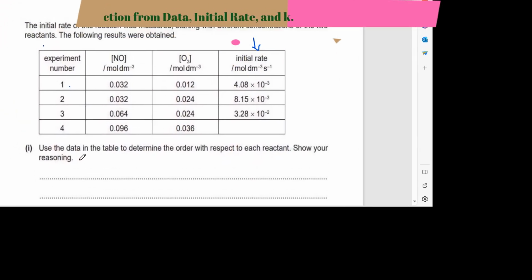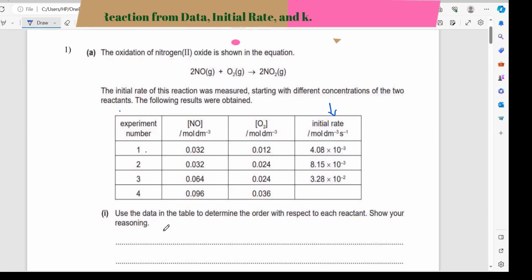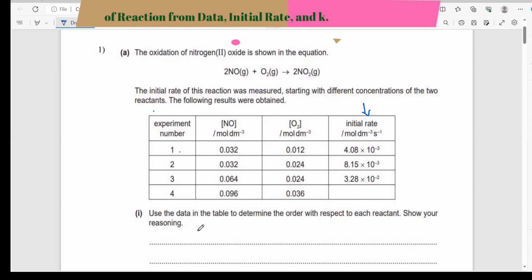up to 4. Roman 1 says, use the data in the table to determine the order with respect to each reactant. Show your reason. Now, you have to determine the order of the respective reactants. You know that the order of a reaction is the power to which the concentration of a particular reactant is raised in your rate equation.